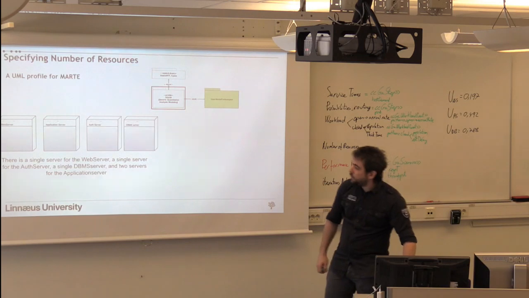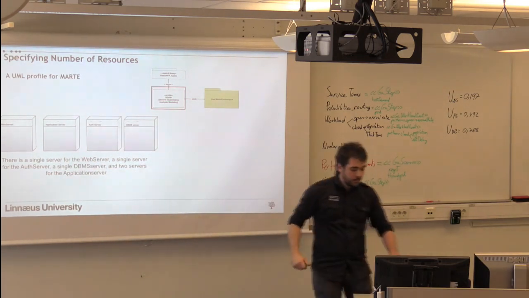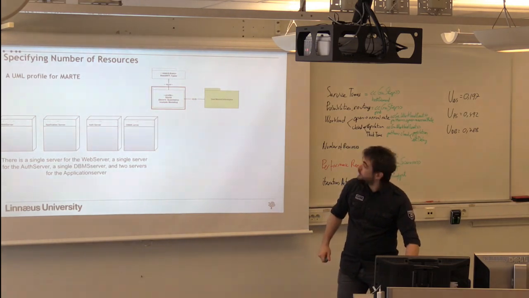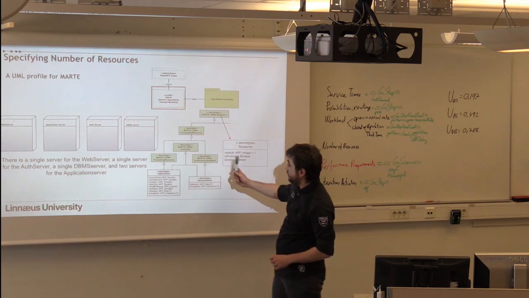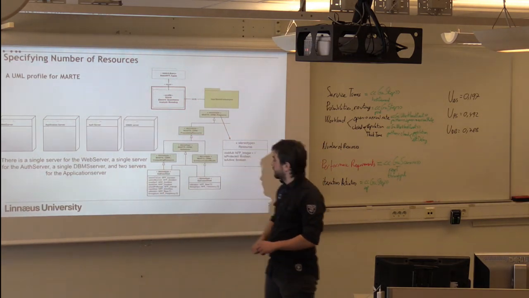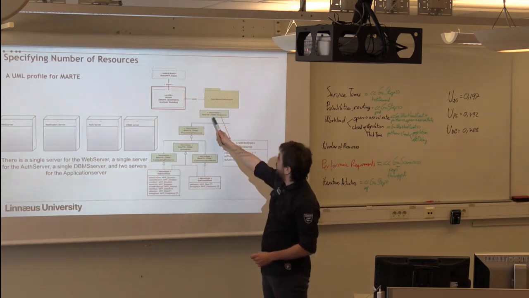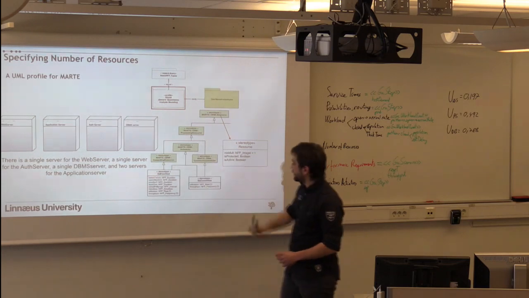So how to say that there are 2 servers for the application server? There is a stereotype called execution host. So actually there are stereotypes called resource and scheduler and computing resource.